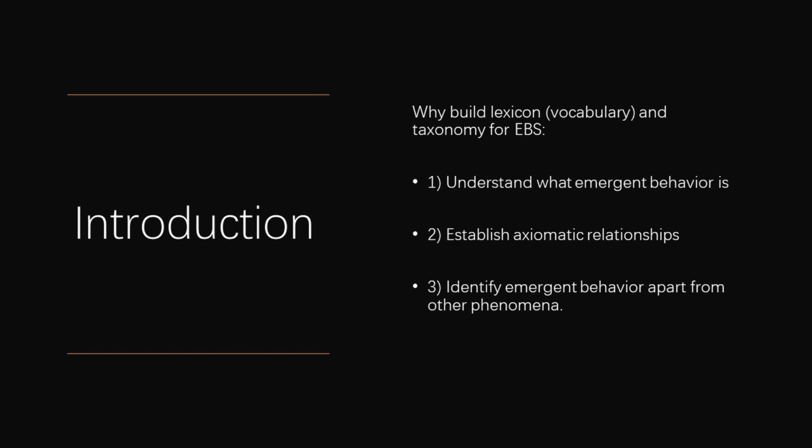The reason why we need to build the two concepts, lexicon and taxonomy, is, first, we need to understand what emergent behavior is. Then, establish axiomatic relationships, which is something that is obviously true and therefore not needing to be proved. Then, identify emergent behavior apart from other phenomena.